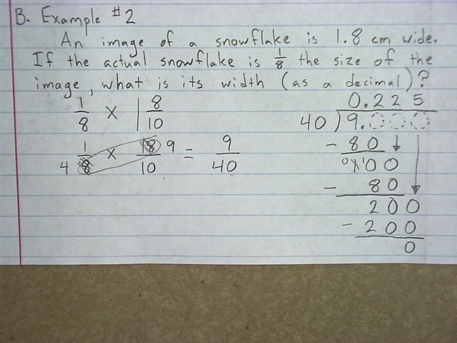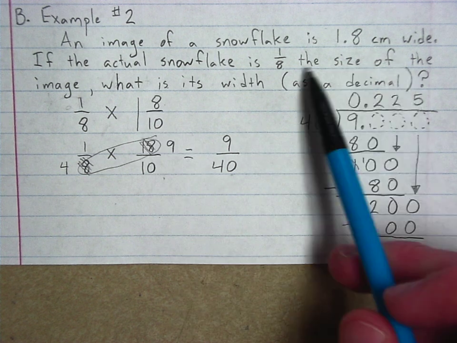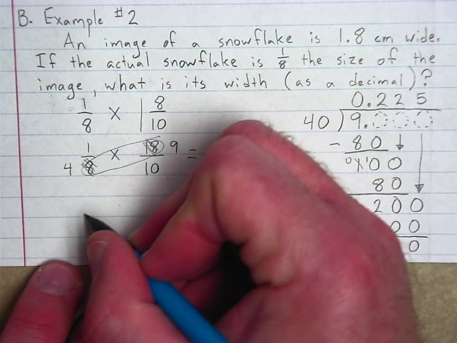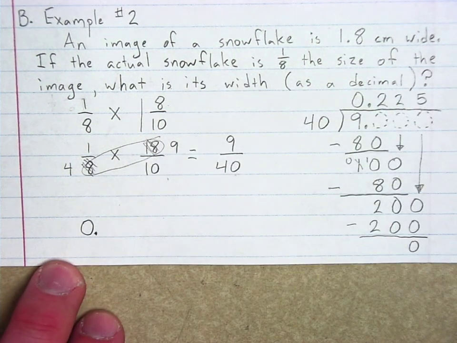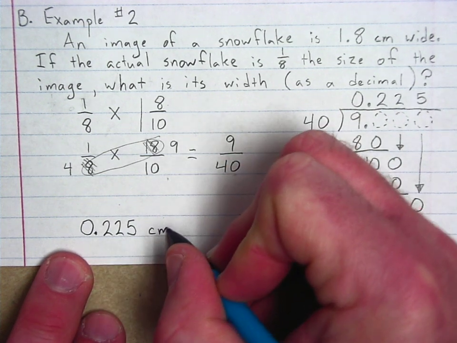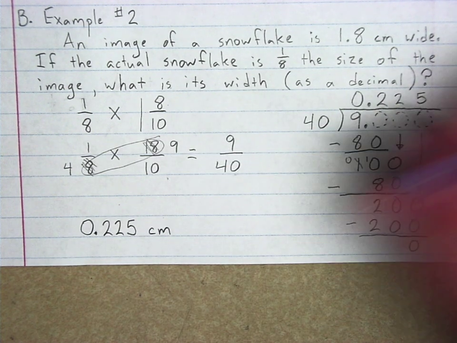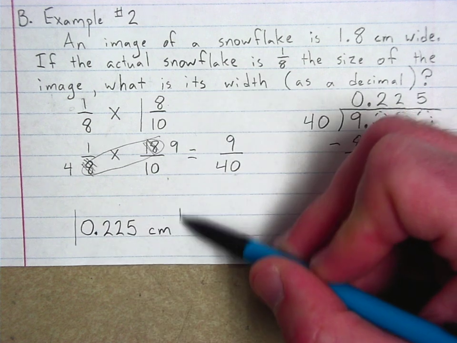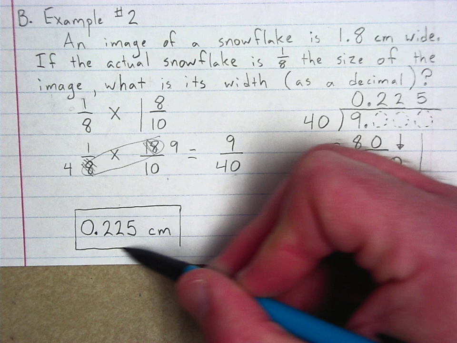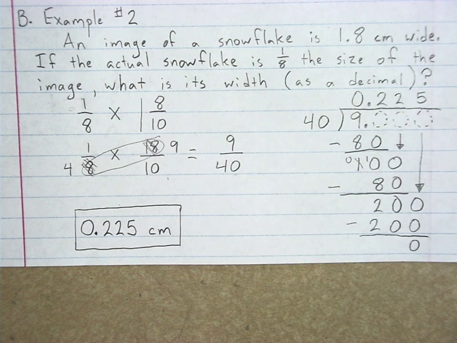It works. So, the actual size of the snowflake, 1/8 of 1 8/10 centimeters, is going to be 225 thousandths of a centimeter, which is ridiculously small. Remember how small a centimeter is. It's about the size of the nail on your pinky finger, maybe a little bigger.